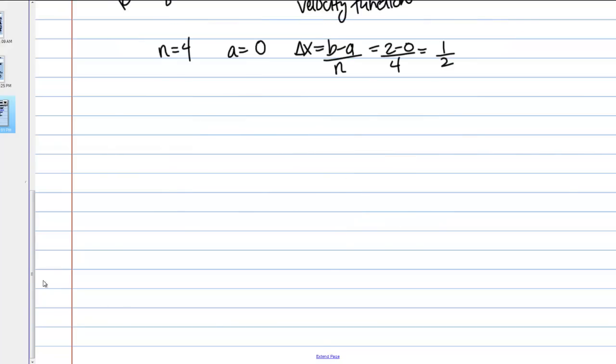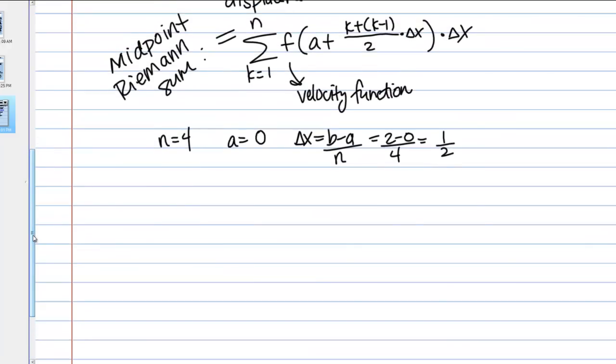Okay, so let's plug this into our displacement formula, this midpoint Riemann sum. So I'm going to call this D for displacement. It's going to equal the sum from k equals 1 to 4, f of 0 plus, okay, k plus k minus 1 is 2k minus 1 over 2 times delta x, which is 1/2.